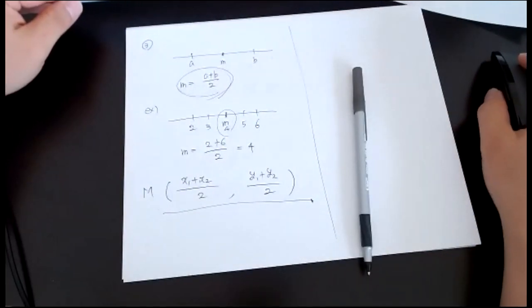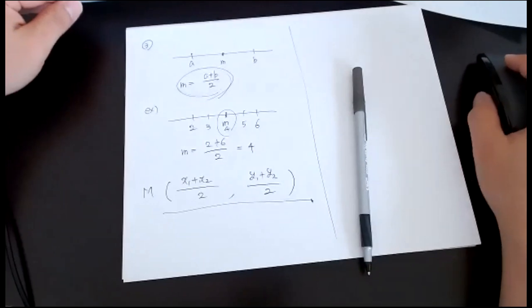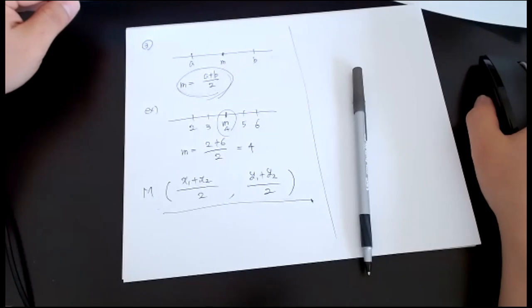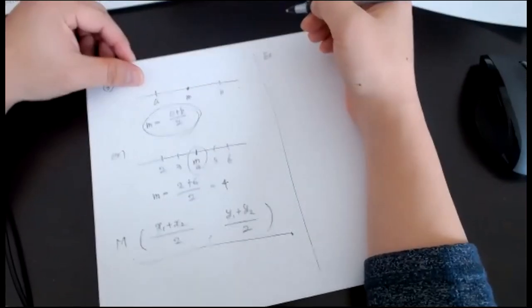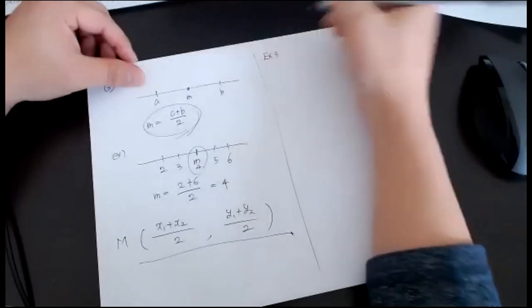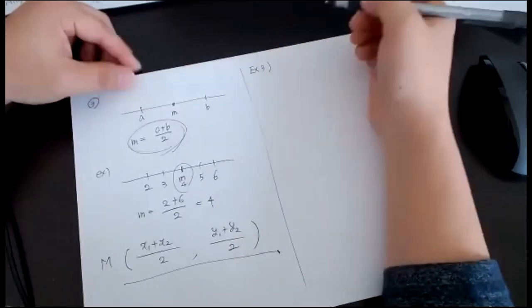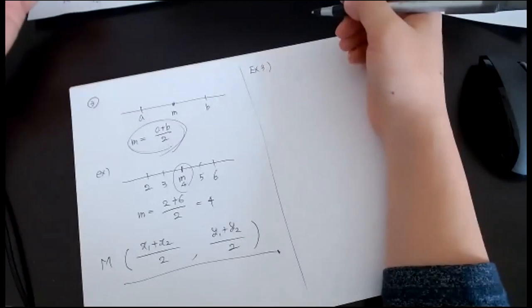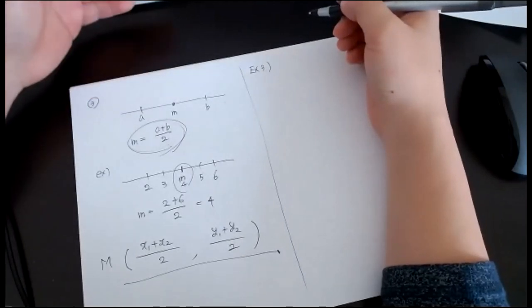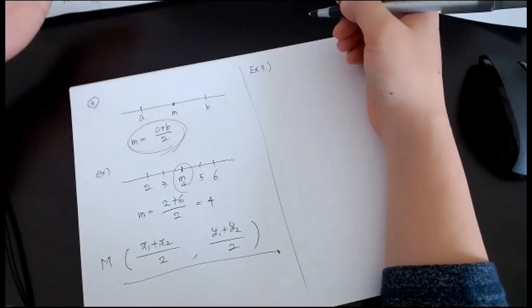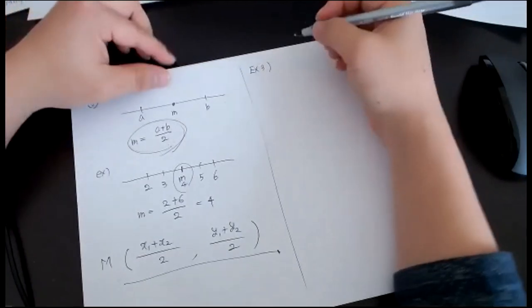Let's see example 3 in the textbook, page 105. Example 3: find the midpoint of the line segment with the given endpoints. Let's find the midpoint, and let's find the distance as well, so find both.